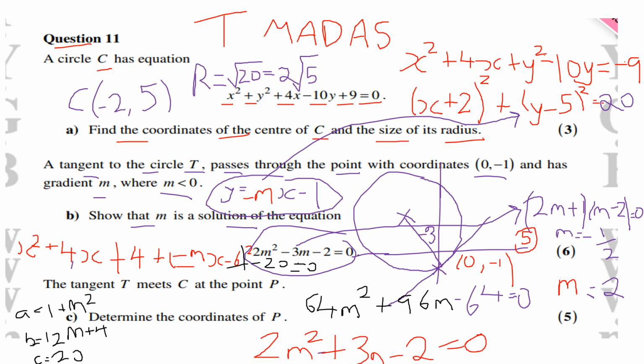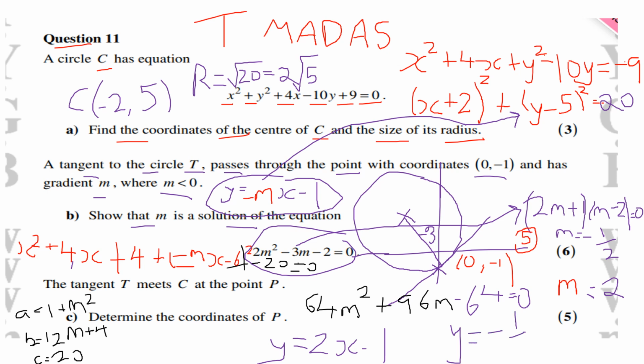So for P, well, we know obviously what our m values are now. We've got y equals 2x minus 1, or you've got y equals minus a half x minus 1, because they are your 2 m values.